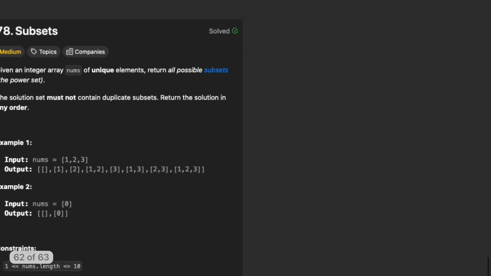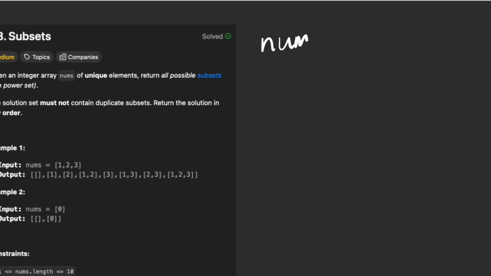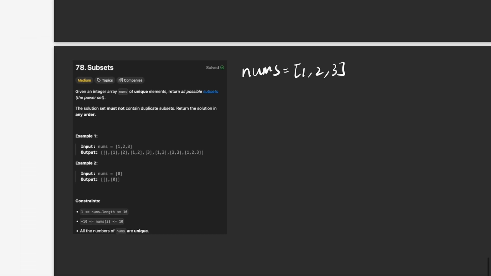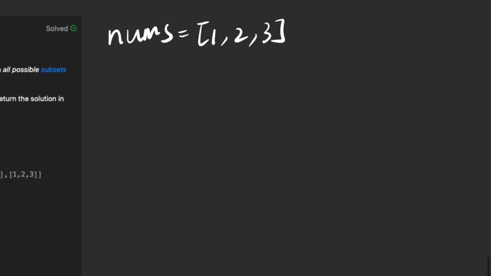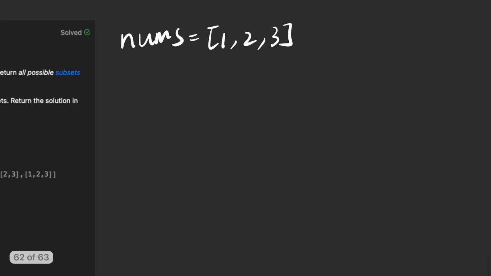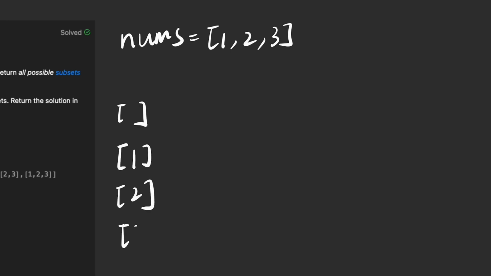Let's take a first example. Like we have numbers, for example, 1, 2, 3. So what are all the subsets? Now we may probably have nothing, just an empty. Or probably we will have 1, and this will be size 1, right?